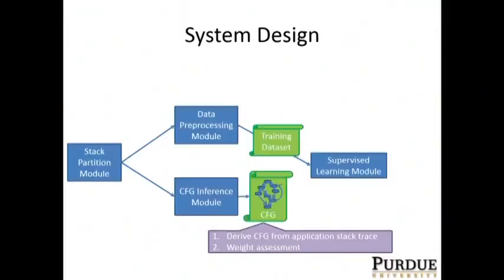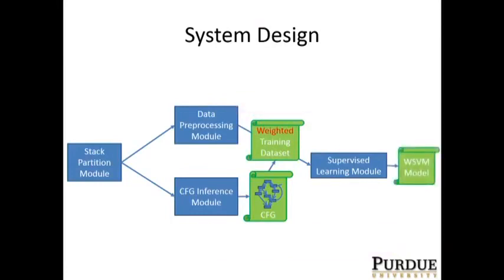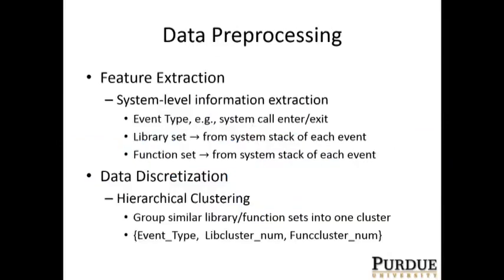So through the control flow graph inference module, we derive the control flow graph from the application stack trace and assess the weight by comparing the control flow graphs. Finally, by assigning the weight to the training dataset, we build a weighted SVM model. This is the overview and the workflow of our system.